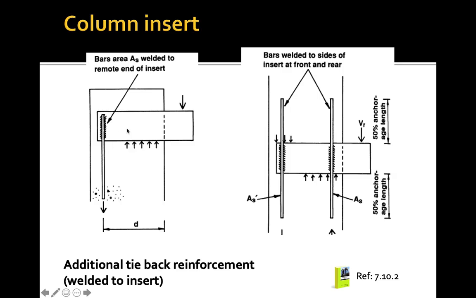This is one example, where we have only one bar provided. As for this one, we have the bars that are welded on two sides. We have this one and also this one. So these bars are welded to the sides of inserts at front and rear. As for this one, we only provide at the back of the insert.